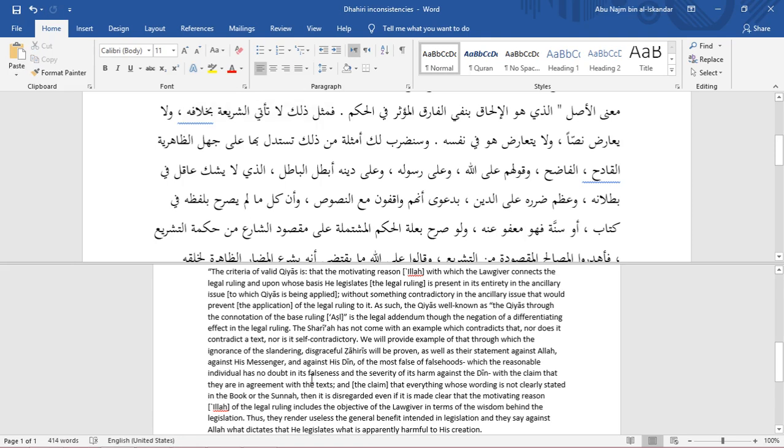And the claim that everything whose wording is not clearly stated in the book or the Sunnah, then it is disregarded, ma'fu anhu.